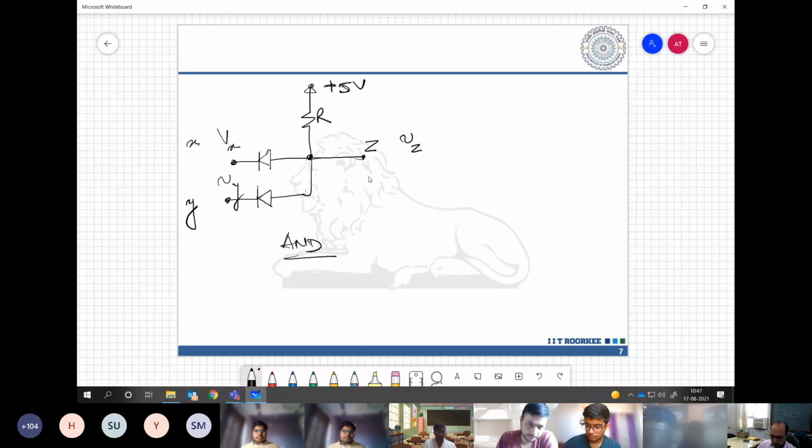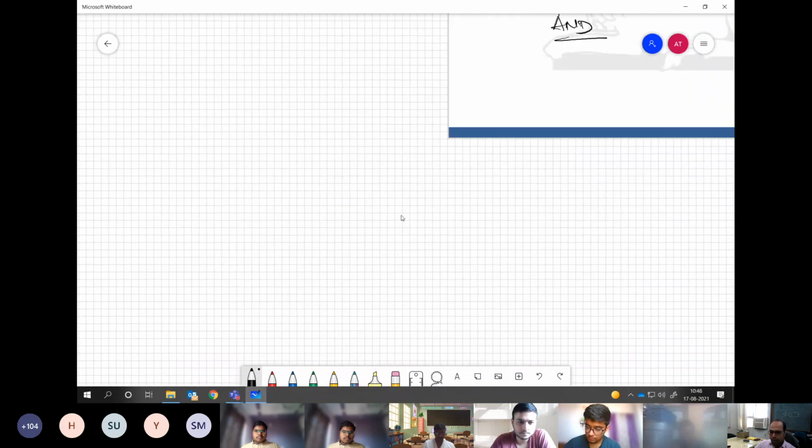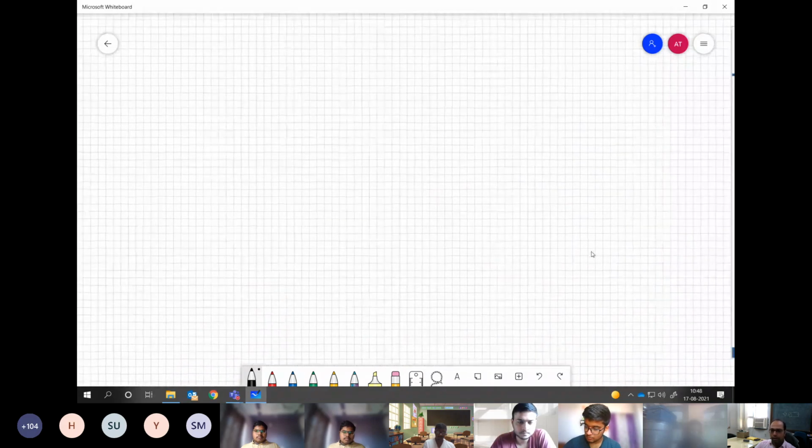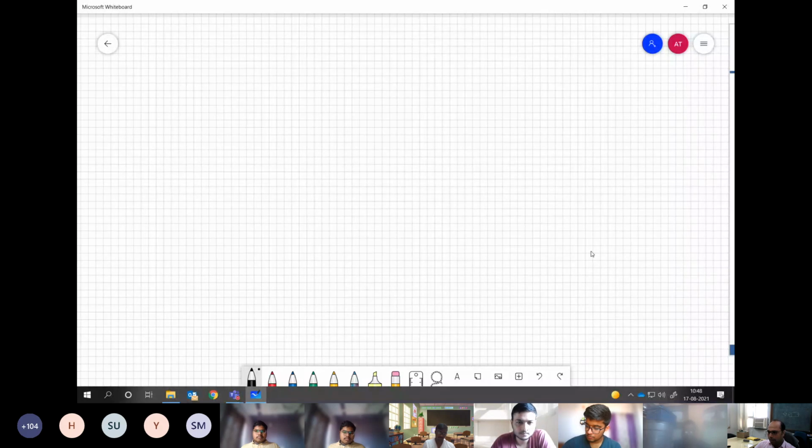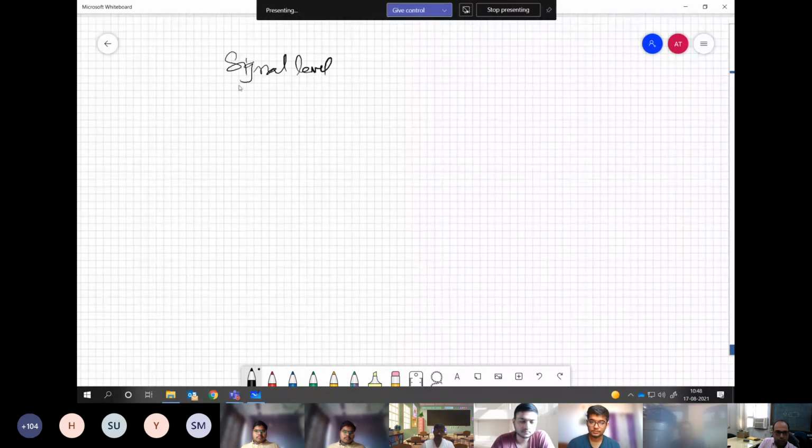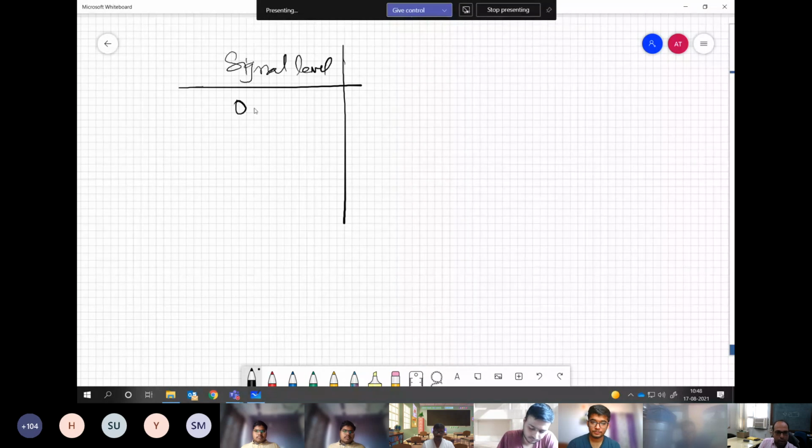Before that, before getting into this gate, we must understand what logic we are going to follow. Logic means we have to clearly define the voltage levels which we consider as 1 and the voltage levels which we consider as 0, and there should be some margin in between the 0 and 1 states. Let's say we are talking about the signal level, which means the voltage, so Vx, Vy, whatever inputs are there.